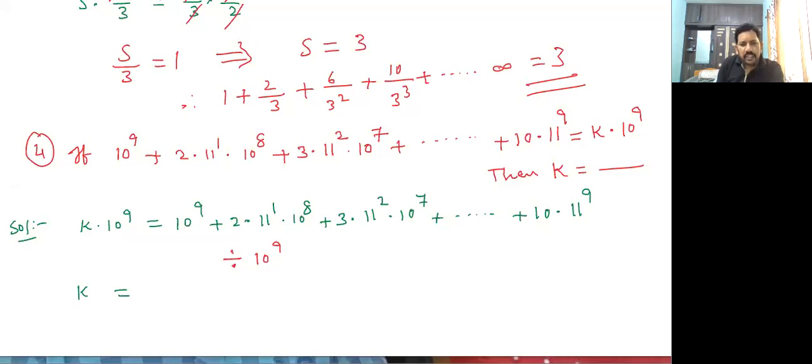Now go to the right hand side: 10 power 9 by 10 power 9, 1, plus 2 into 11. 10 power 8 divided by 10 power 9, that is 1 by 10, plus 3 into 11 square. 10 power 7 divided by 10 power 9, that is 1 by 10 square, so 11 square by 10 square, that is 11 by 10 whole square.